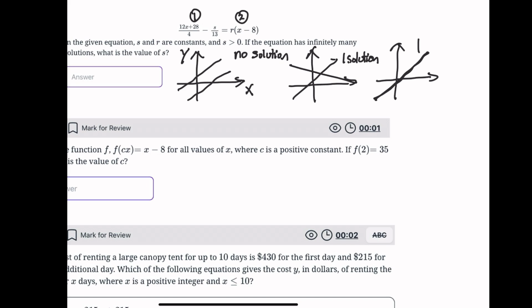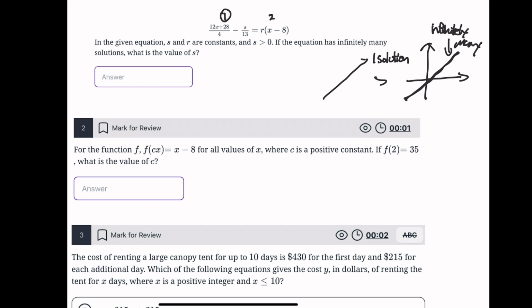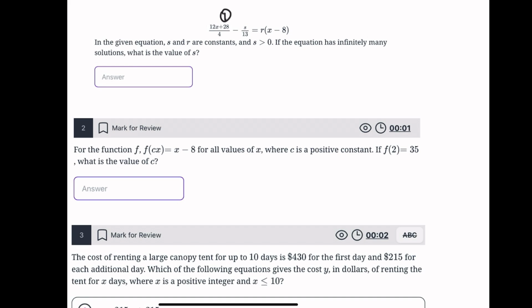This is the case that has infinitely many solutions. So obviously, because there are infinitely many solutions, we know that the two lines here must be the same line. So let's see what we can get with that.